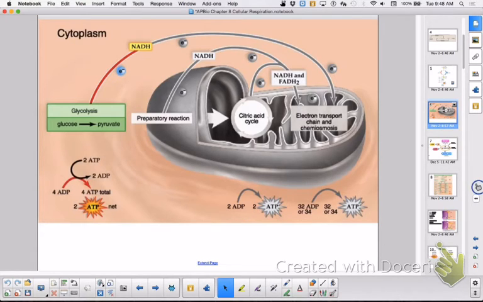But this time who's going to collect it is something we need every second, every moment of every day. Oxygen. And oxygen is the final electron acceptor, and with a couple of hydrogens forms what? Water. It will form water.